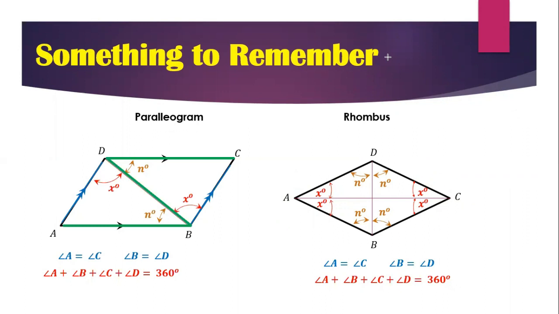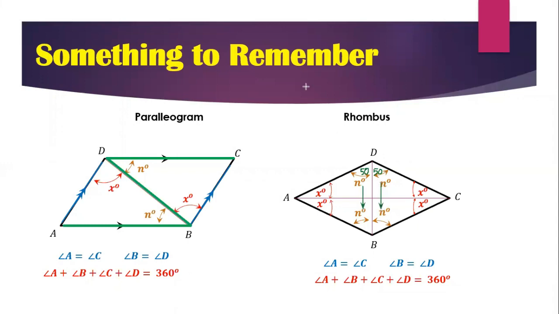Okay, I want to give you an example to make sure everything's clear about rhombus. Okay, students. Let's say here is 50 degrees, 50 degrees. So here will be 50 degrees. So what about the opposite angle here?